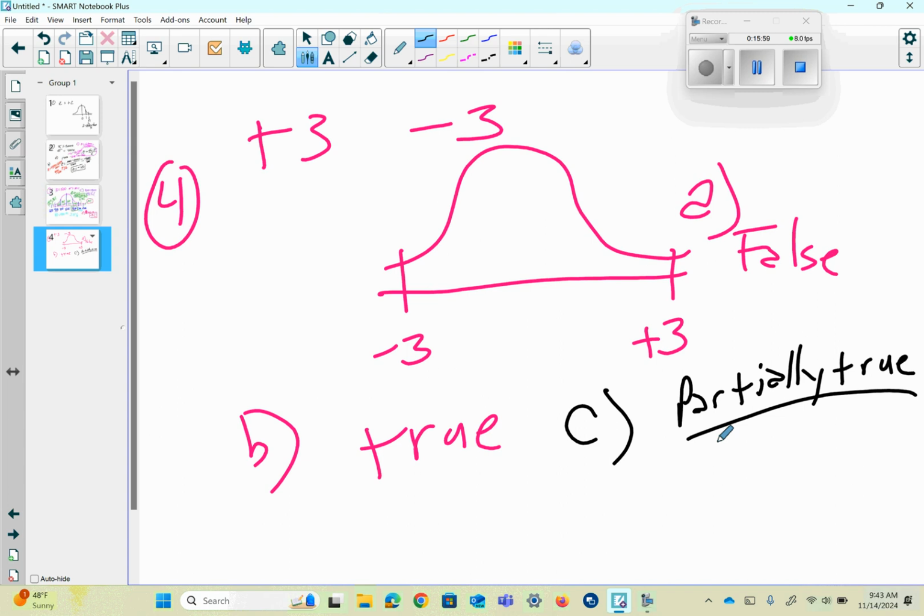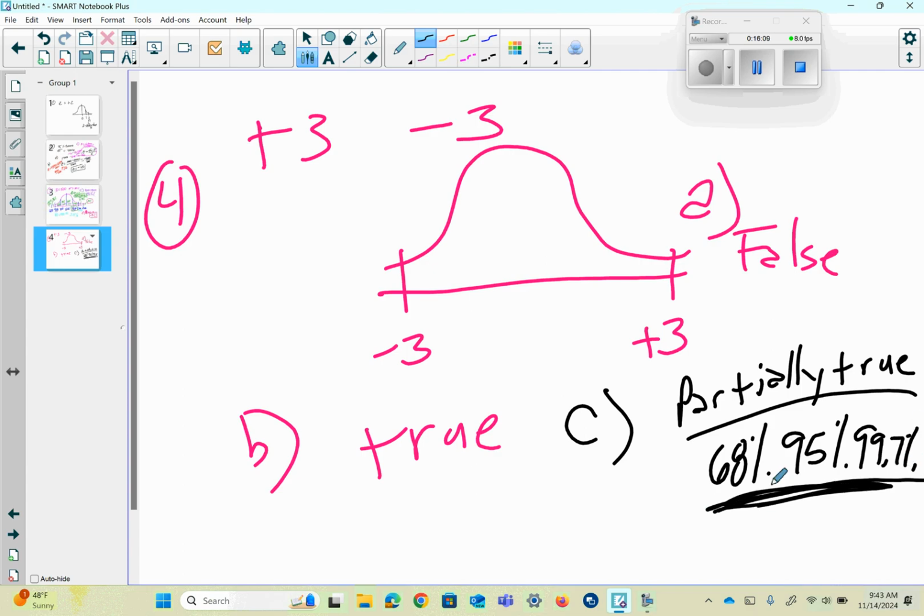The reason it's partially true is you want to fall into this category right here with your data. You want 68% of your data to fall within 1 standard deviation. You want 95% of your data to fall within 2 standard deviations. You want 99.7% of it to fall within 3 standard deviations. If it doesn't, it's not a normal thing.